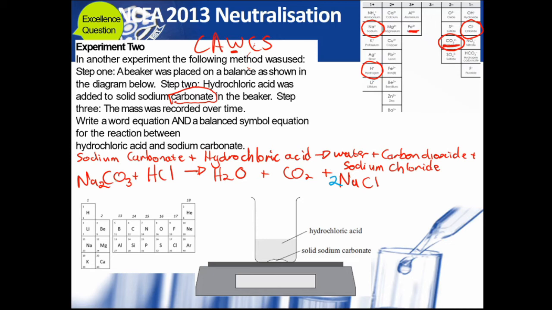Now remember, the carbonate becomes CO2, and so we can say there's 1 carbon, there's another carbon, there's 2 oxygens, 3 oxygens, and that's the 3 oxygens that sit over there. Okay. Hydrogens, how many hydrogens on this side? There's only 1. There's 2 over here, so let's put a 2 in front there. Now chlorines, how many chlorines on this side? There's 2 chlorines. How many chlorines on this side? Oh, that 2 works on that chlorine as well. So we have 2. Yay! It's balanced. And you just got your E.